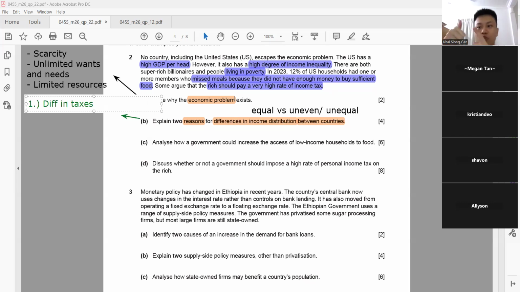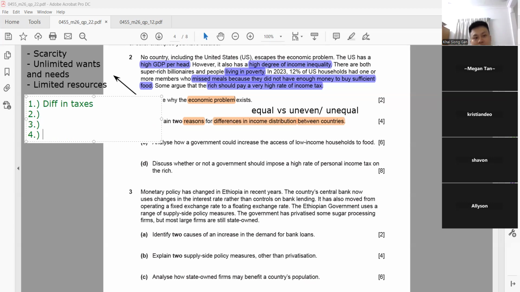Some countries will have a good progressive tax system. The rich will pay more taxes, which is fairer. And some poor countries have weak enforcement of taxes, or a very weak tax system. So differences in the tax system. Okay, so Elena, you're right, just the explanation. What else?